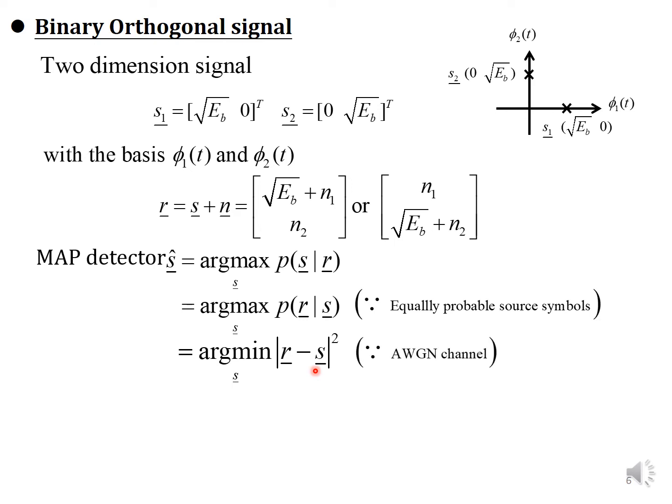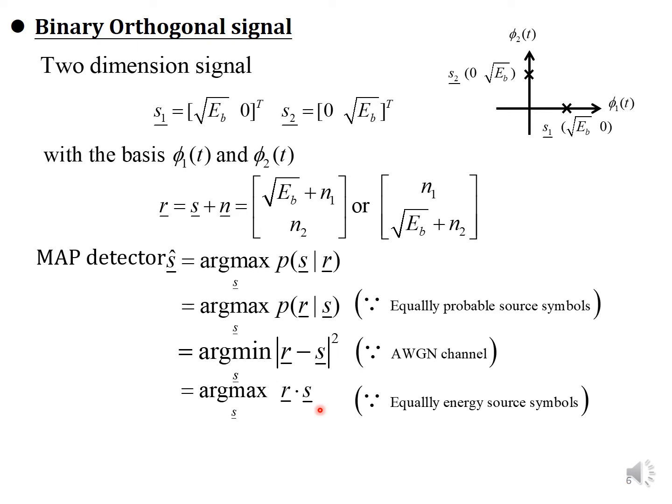So be careful: this simplification is based on the assumption of equally probable sources. Only with these assumptions can we re-express this detection. And then this distance detector becomes this correlation detector.